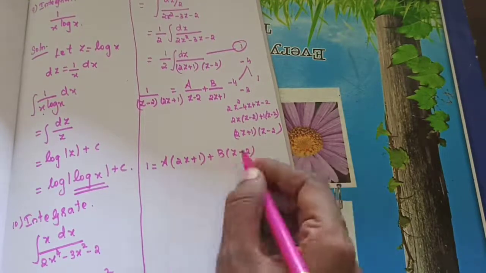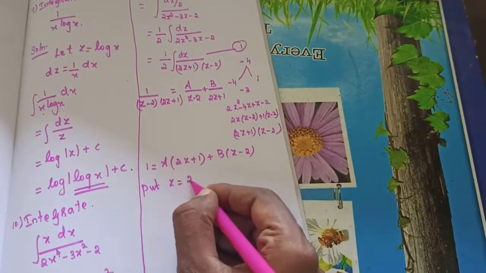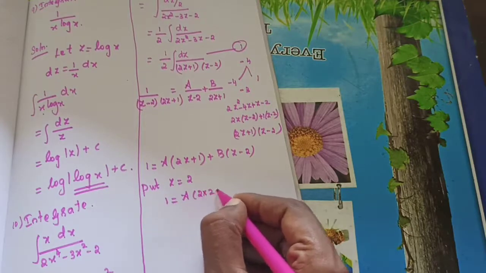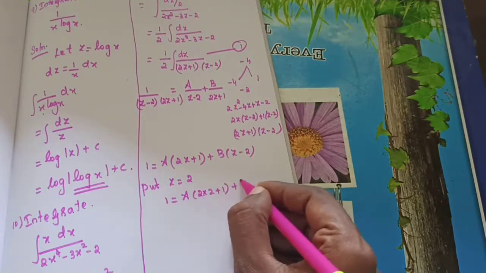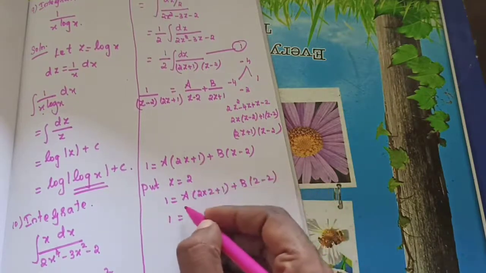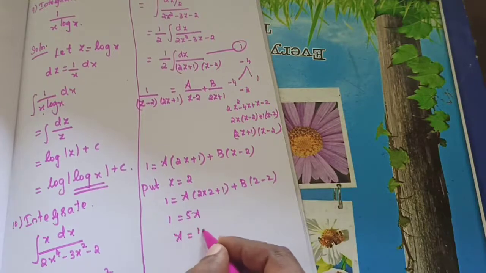Now we make one term 0. Put z equal to 2: 1 equals A into 2 into 2 plus 1 plus B into 2 minus 2. So 1 is equal to 5A, so A is equal to 1 by 5.